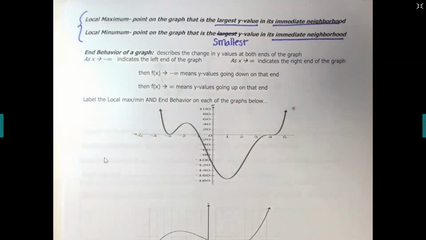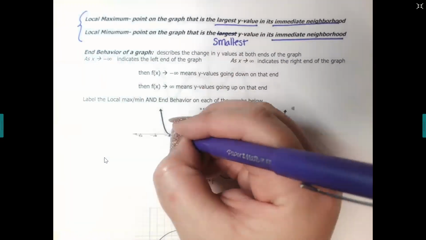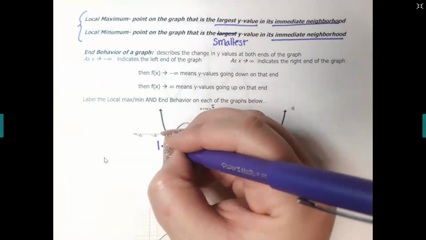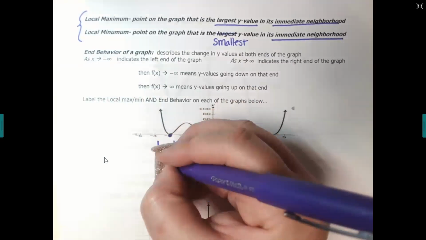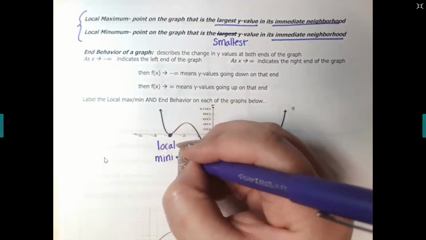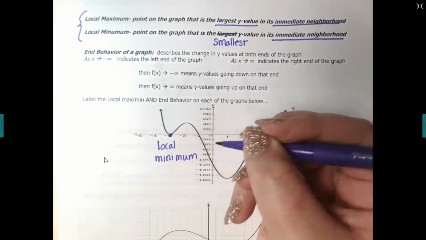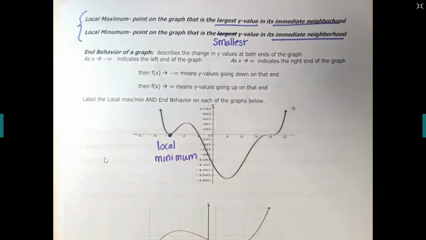Okay, not on the whole graph, but mainly just in its own immediate neighborhood. Okay, so if I'm looking at this first graph here, I'm looking for low points and high points. Okay, right here, this would be a local minimum. Because even though it's not the lowest that the roller coaster goes, it's still a low point for its area.